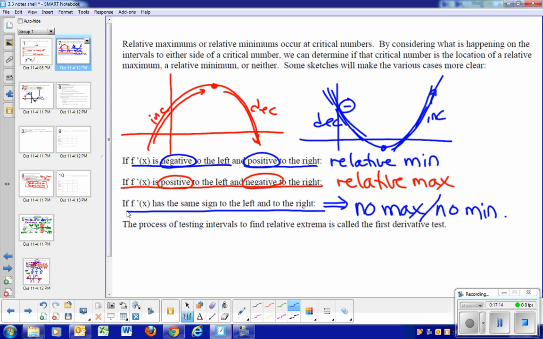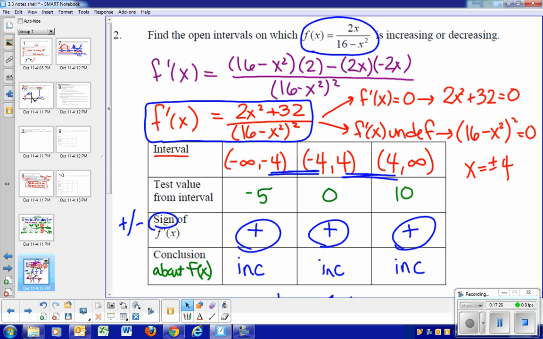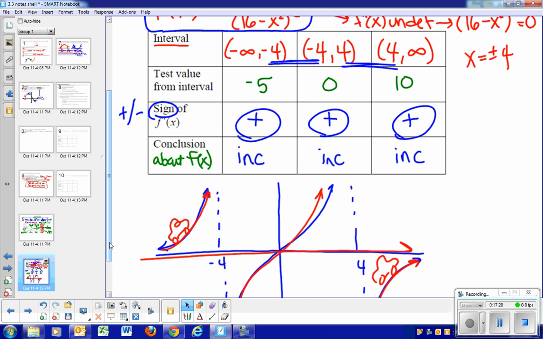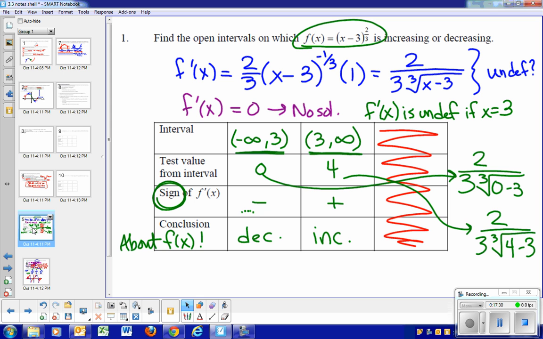This process of testing intervals to find maximums and minimums is what is called the first derivative test. We actually have been doing the first derivative test without really pointing it out. This process with the chart and looking for sign changes, this process here, is the first derivative test.